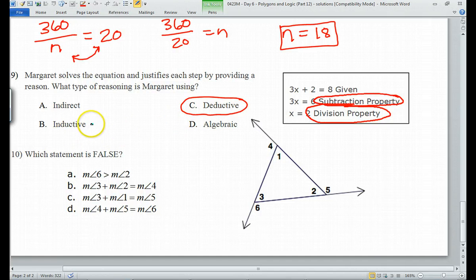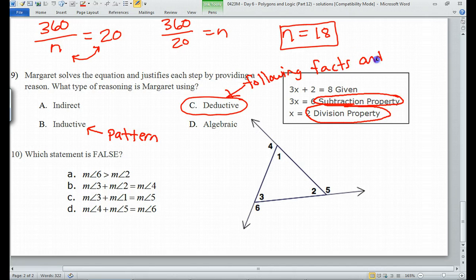The one that would be a pattern would be inductive. If you're guessing from a pattern, it's inductive. If you're following the facts or rules, that's deductive.